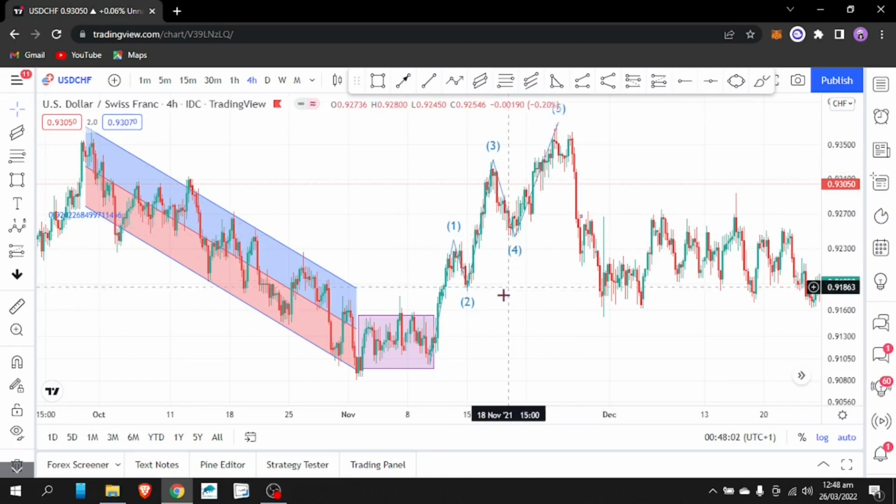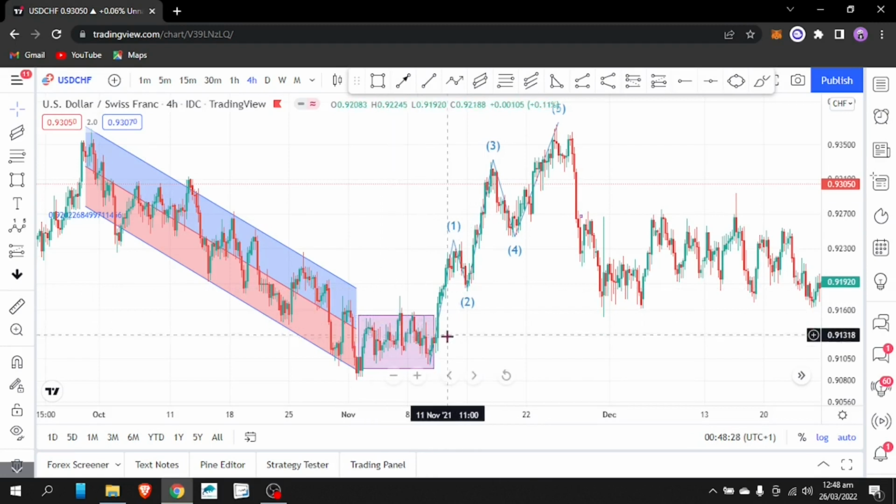I also told you that the third wave is usually the longest wave and the most impulsive wave, because at this point buyers and sellers all knew that this currency pair will likely push higher, and no one was willing to sell because this level has been broken already.